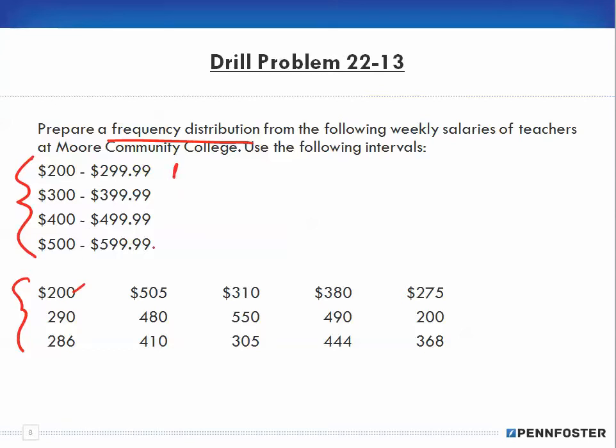So I put a tally mark there. 290 falls within that range also. 286 falls within that range also. 505 falls down here. 480 falls here. 410 falls here. 310 falls here. 550 is here. 305 is here. 380, 490, 444, 275, 200, and 368.